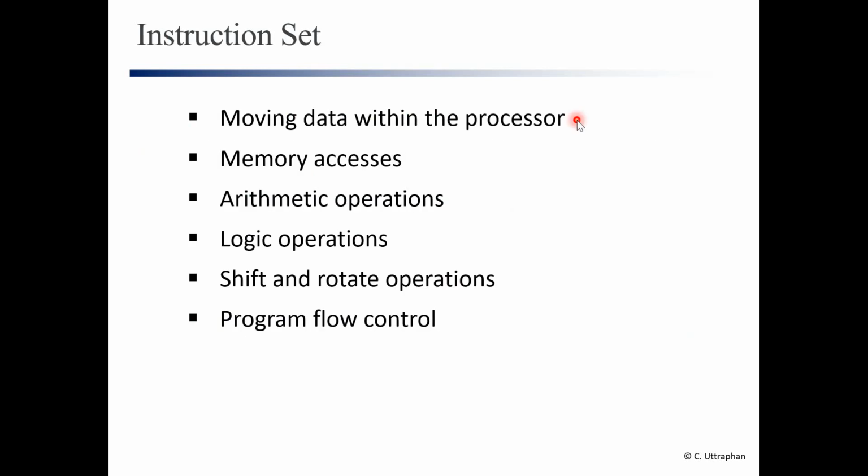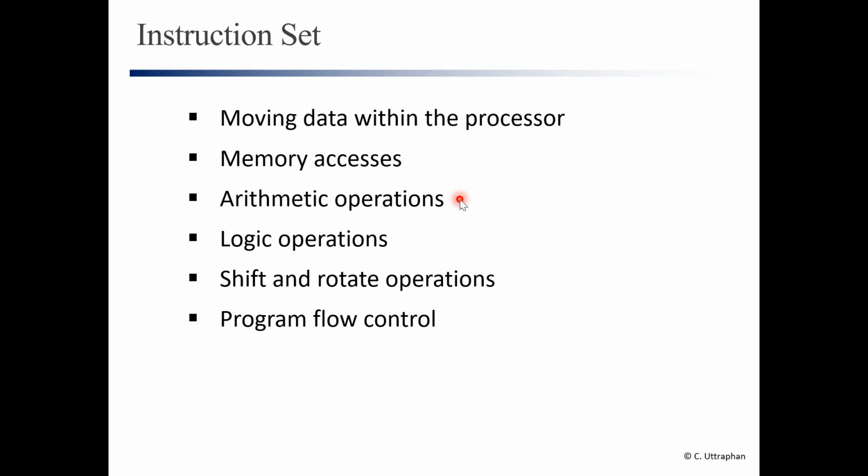Now, you will be introduced to the ARM microprocessor instruction set. They are grouped as follows. Moving data within the processor, which means moving data from one register to another register. Memory access, where the instruction is to move the data from the memory to the processor or from the processor to the memory.